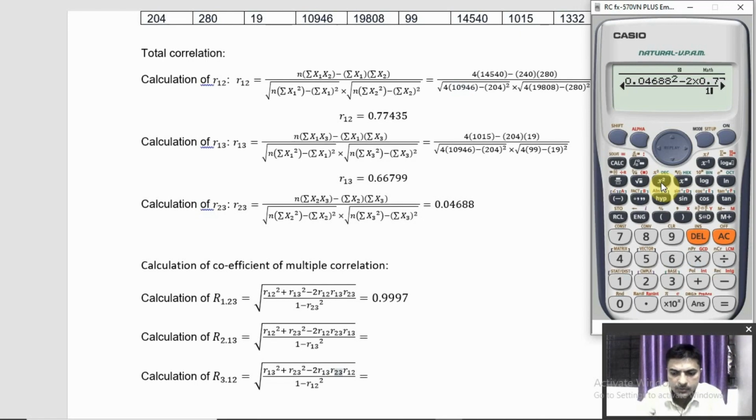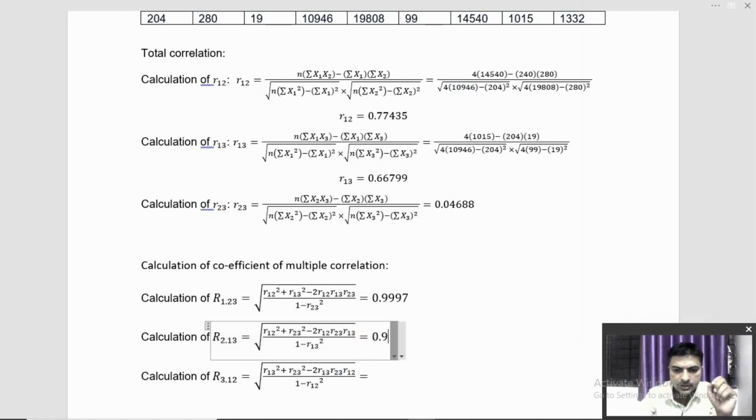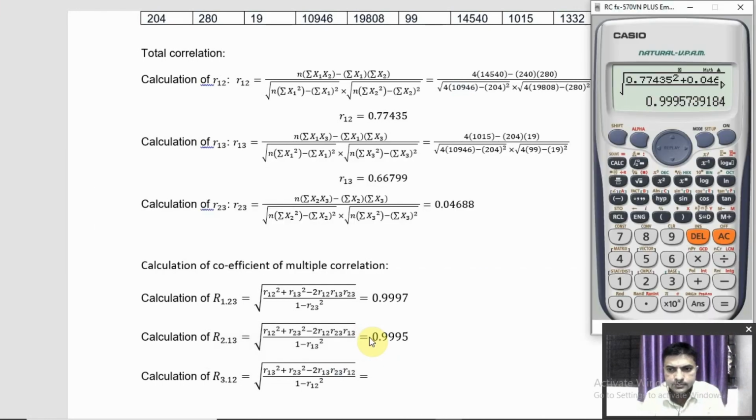Then next we have 1 minus R13 square, 0.66799 square. So equal to. You get the answer 0.99957. Yes, students, very good. If you make a mistake in the calculator, you will get the wrong answer. You can see the correlation coefficient will not cross 1. Remember that property. So the answer is 0.99957.